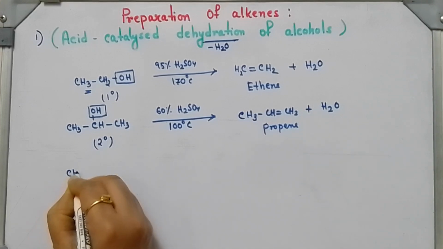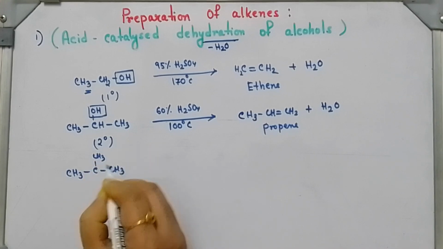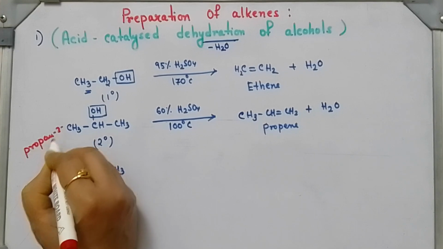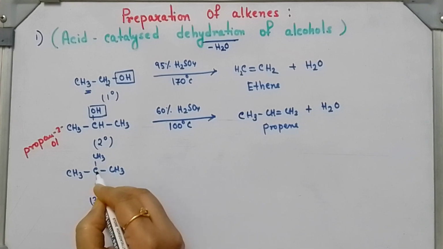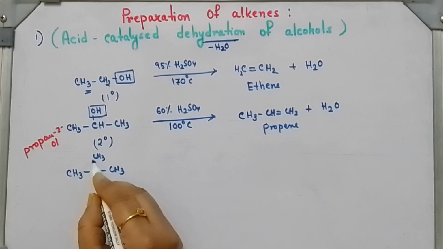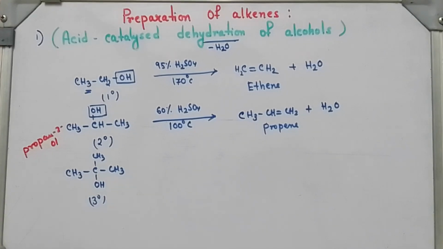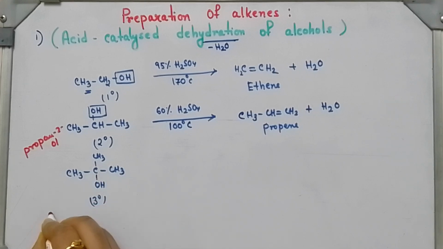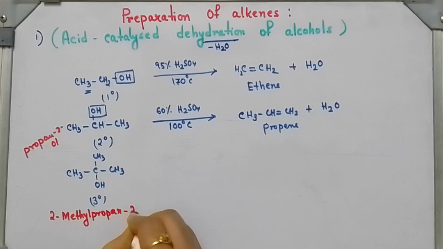If you take a tertiary alcohol, this is your tertiary alcohol, because this carbon is attached with OH and with 3 carbon atoms, means this is a tertiary carbon. Its IUPAC name is 2-methylpropan-2-ol.